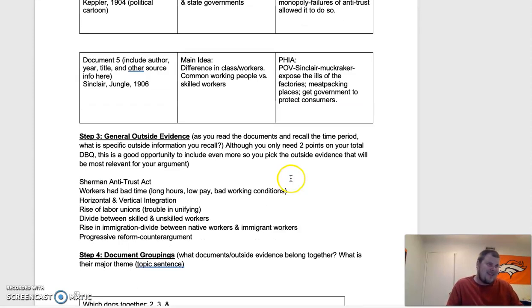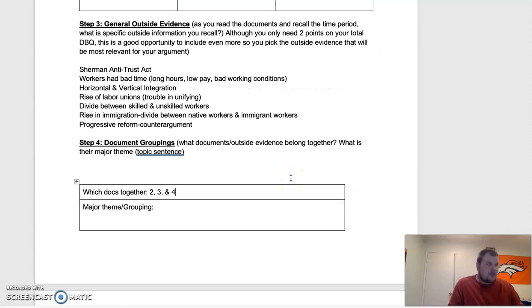Again, this is looking at Standard Oil, so absolutely. So 2, 3, and 4. And remember, we're trying to use all 5, even though we only have to use 4, but we have a good grasp here. My major theme here is the experiences of the rich due to industrial capitalism. Okay, so that's where I'm going here.